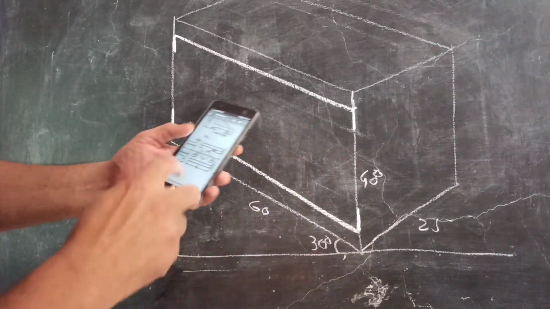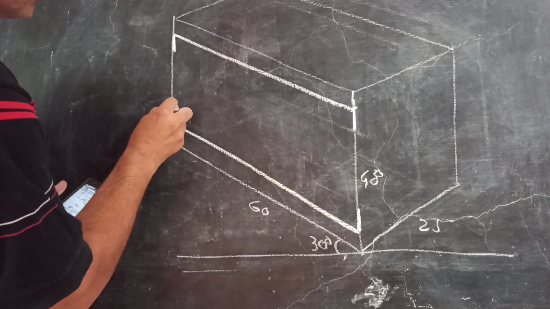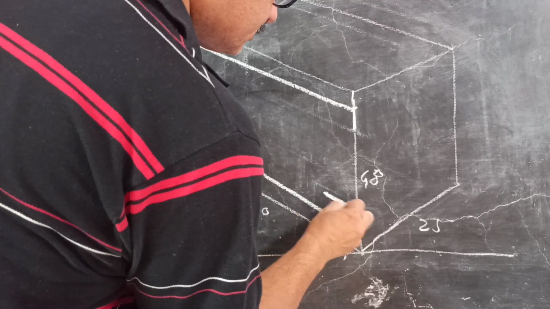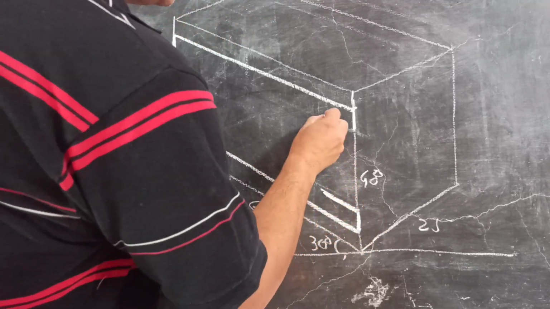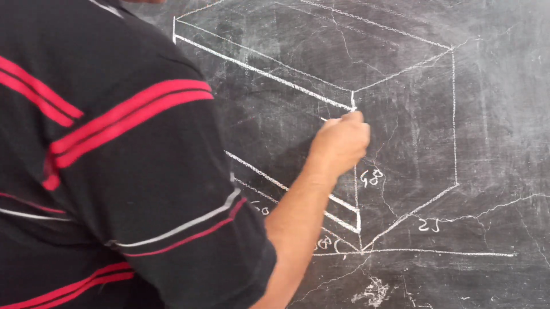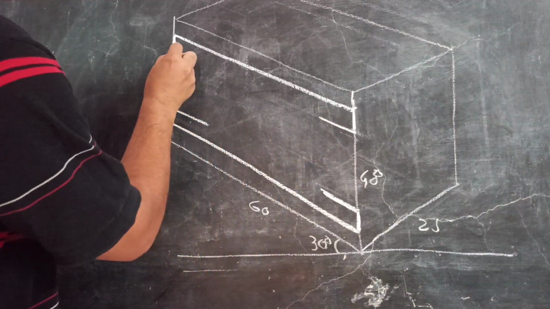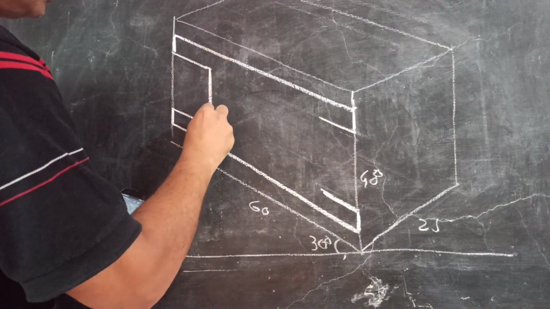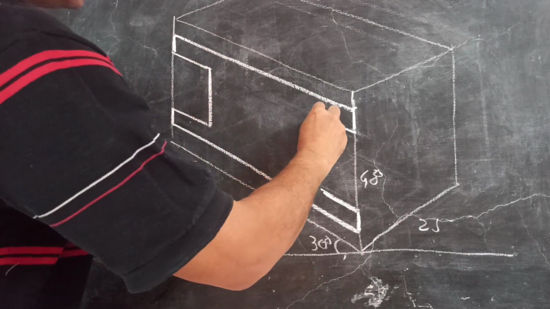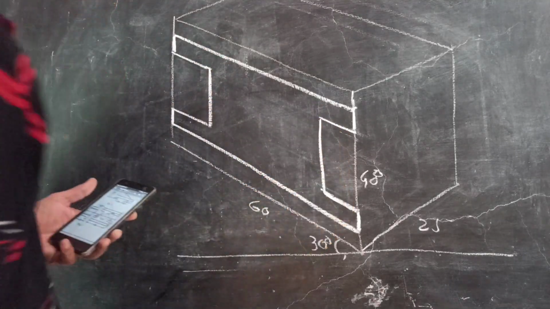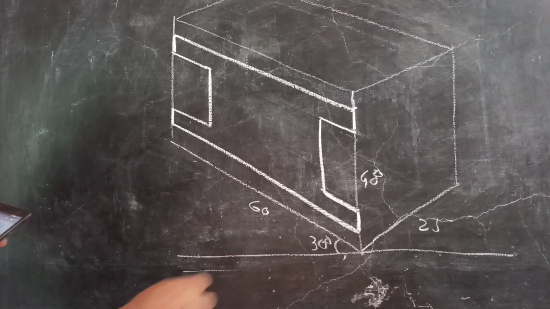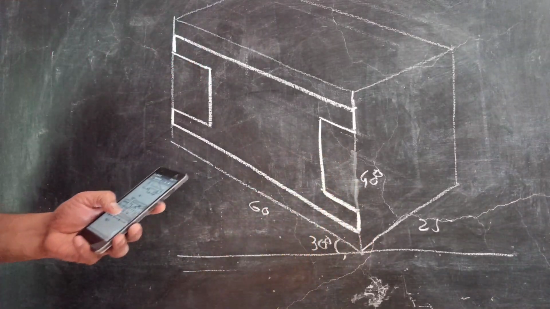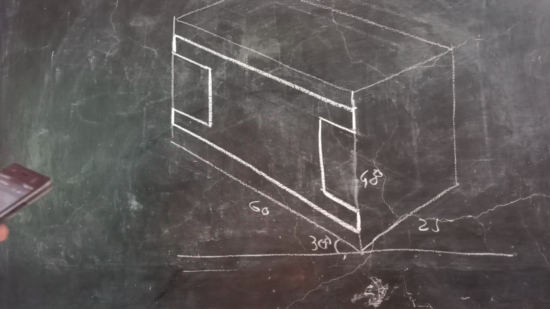You can see both sides, this is 12, this is 12, this is also 12, this is also 12, and there is a line parallel to this. You can see this. So on both cases, you can see this is the front of that.